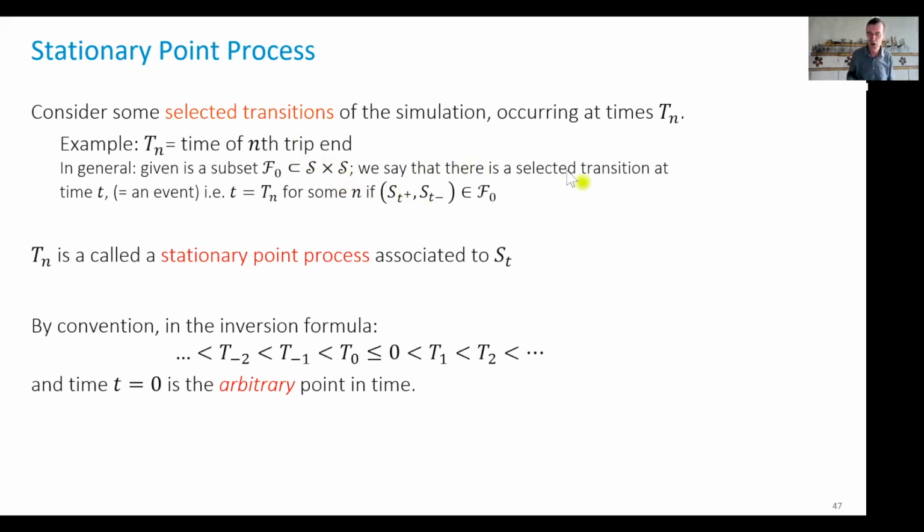So in general, for any simulation, we can define specific events in this abstract way. Now, because the simulation is assumed to have a stationary regime, this sequence of event times is also stationary, and it's called a point process, a point process on the set of real numbers. That corresponds to specific points in time where something occurs.